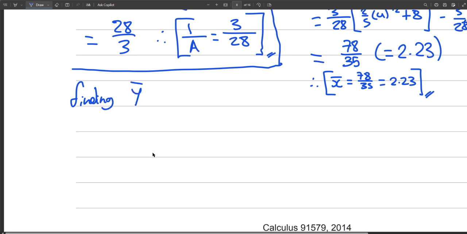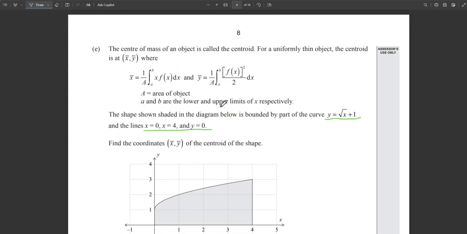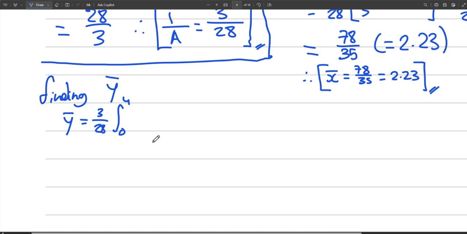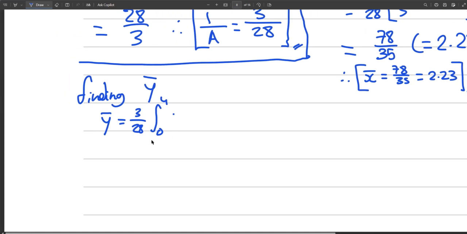y bar. And I know that the equation for y bar, I think, was 1 over a times the integral from 0 to 4, so 3 on 28, times the integral of half of f of x squared, half times root.